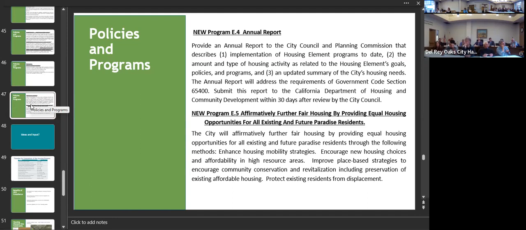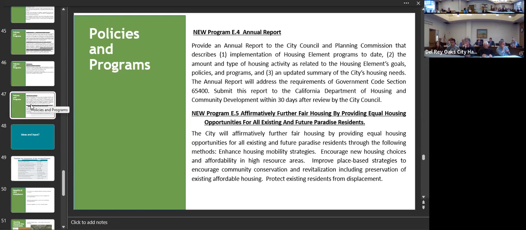So this is really different strategies after we've done the analysis on AFFH. If there are any impediments to mobility, to moving people up, to staying in place, protecting existing residents from displacement. We want to just really focus on any of these impediments that may move our citizenry out of the area as opposed to staying there, particularly the senior population.